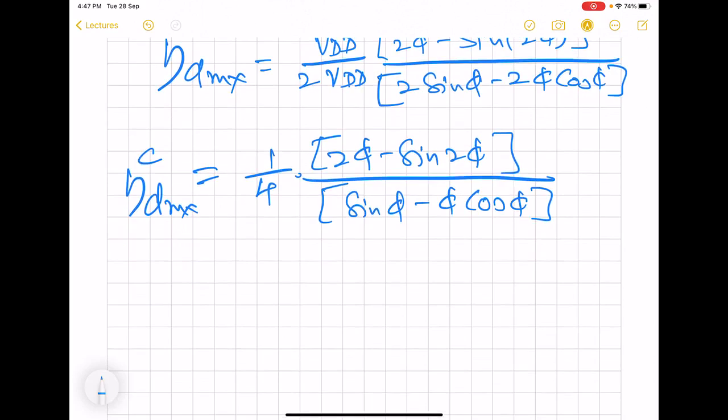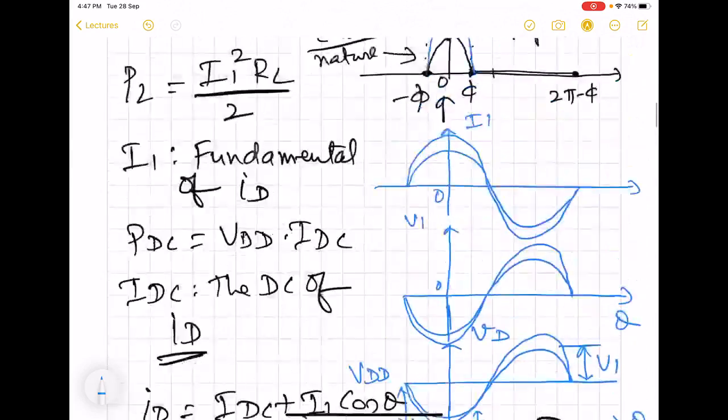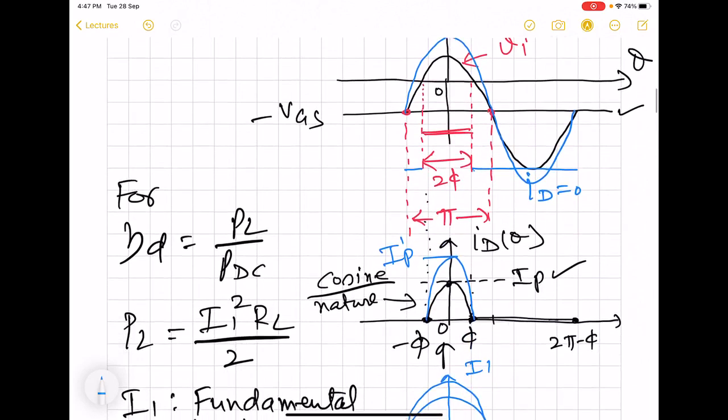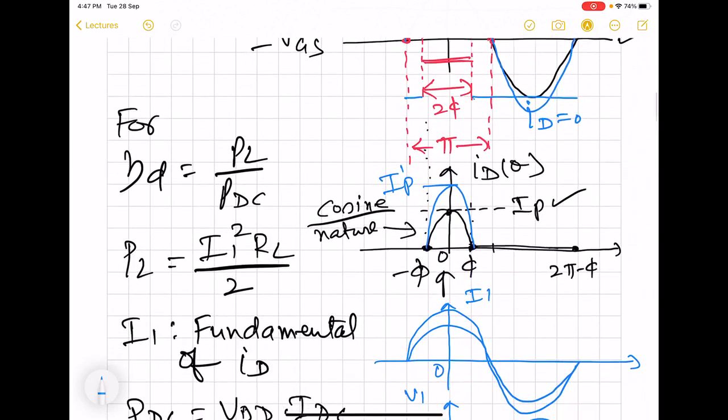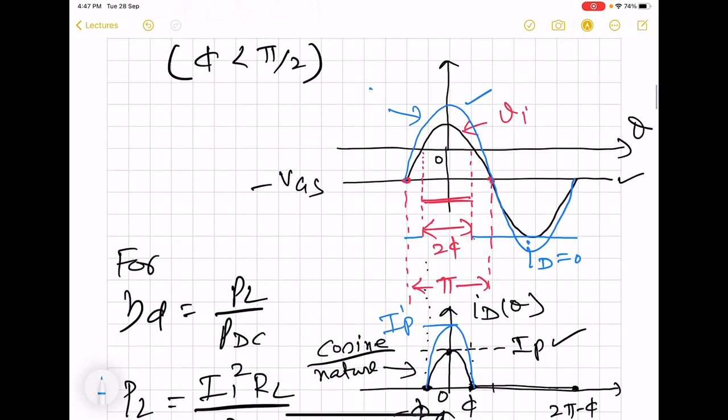Now, what I pointed out, that to increase the efficiency, we just need to increase the input. But problem will come for this conduction angle. Here you can see that when we increase this input, what happened is that this new VI, let us call it VI dash, this VI dash now crosses 0 at this point.